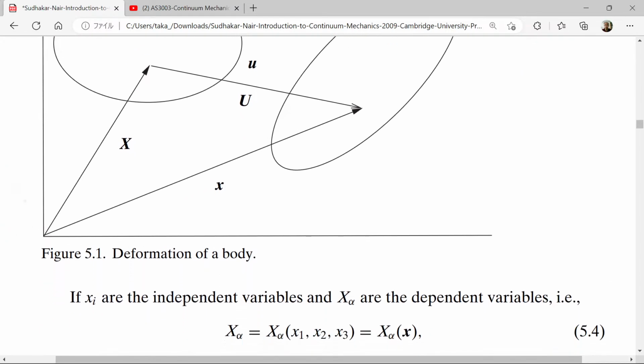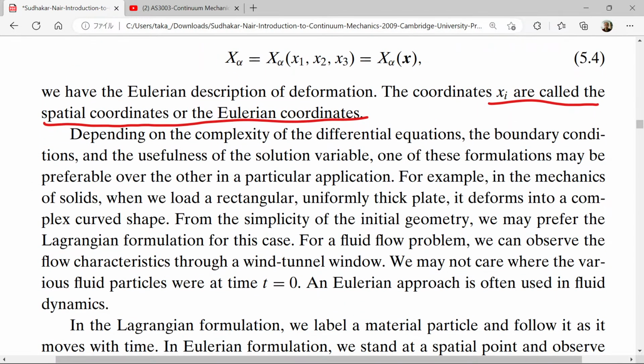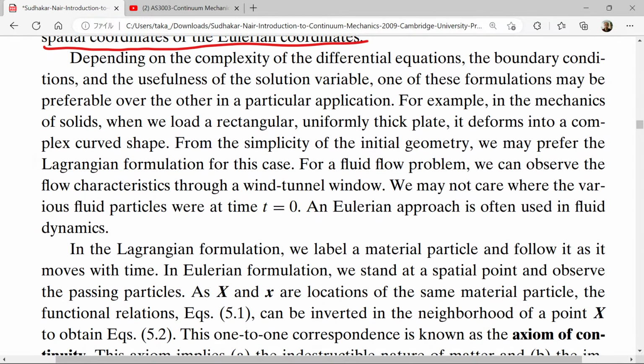Anyway, depending on the complexity of the differential equations, the boundary conditions and the usefulness of the solution variable, one of these formulations may be preferable over the other in a particular application.